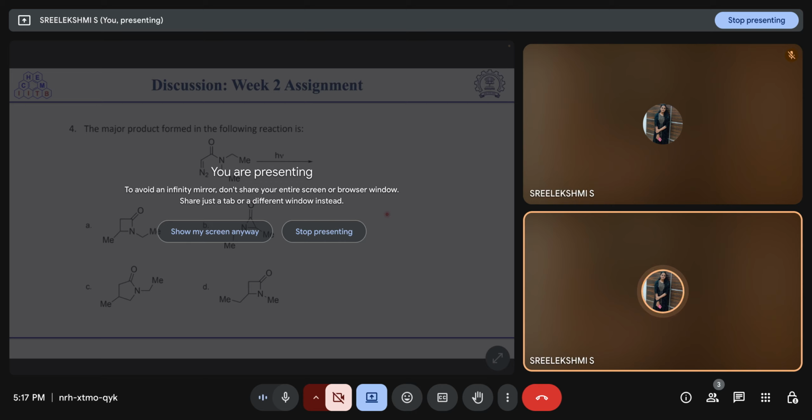Now the next question: the major product formed in the following reaction. Here, when this particular compound is subjected to photochemical conditions or exposed to light, what will be the product?